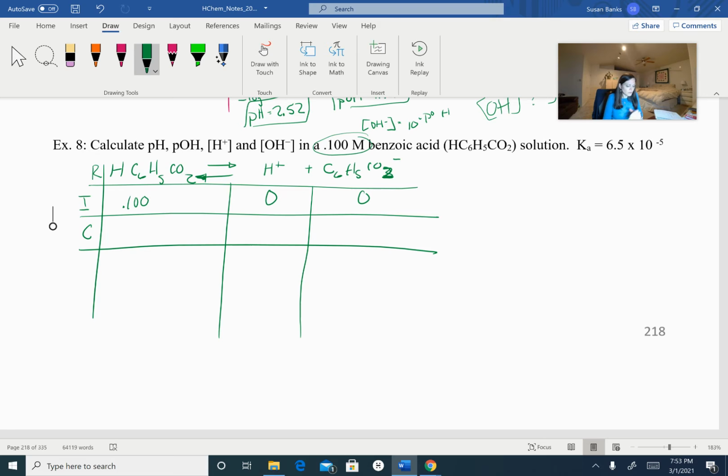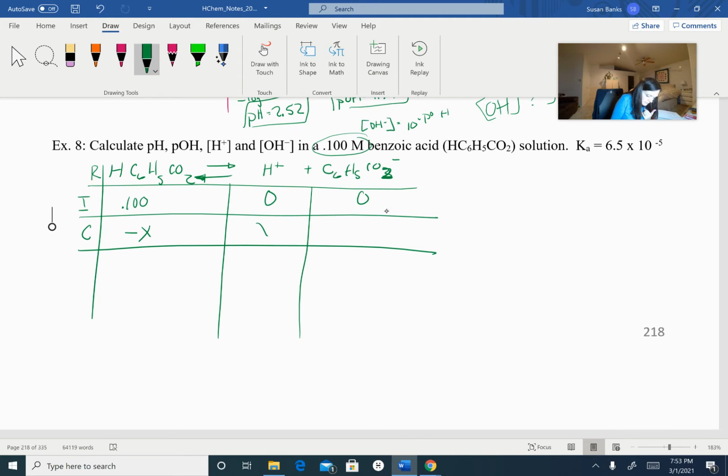Every benzoic acid molecule that ionizes, we lose some, so this is going to go negative X. We don't know how much, but negative. For every one that we lose, we create one hydrogen and one benzoate ion.